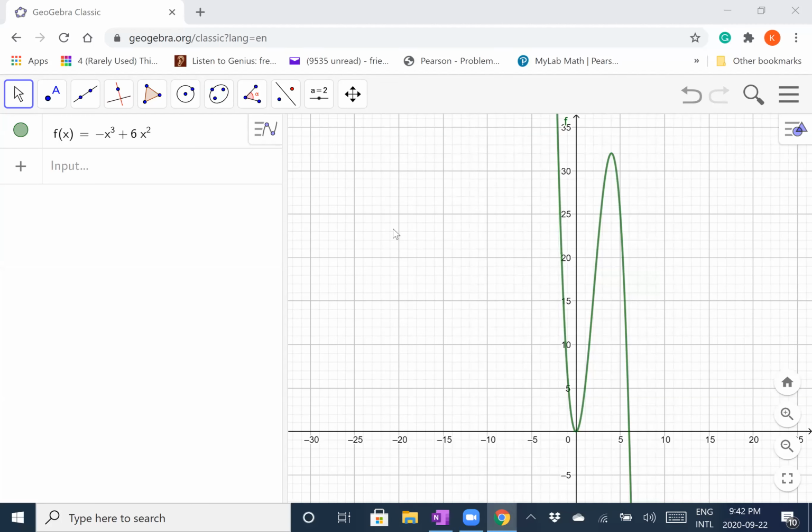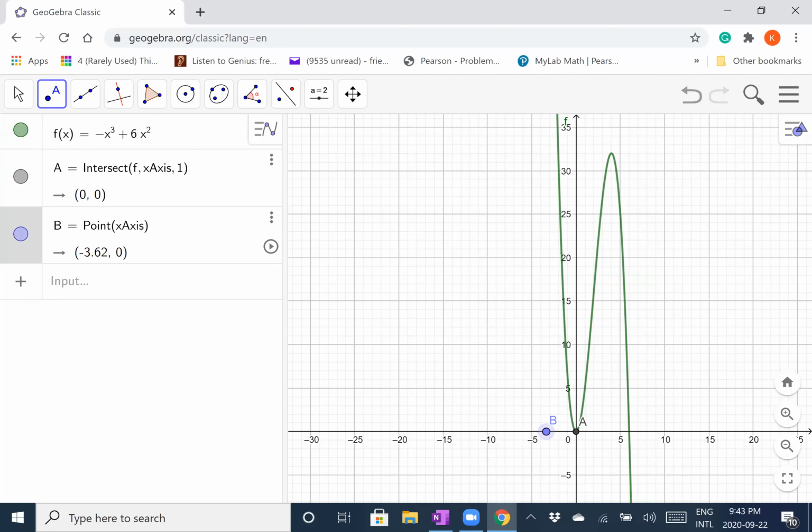And let's see whether that makes sense or not. We have f of x equals negative x cubed plus 6x squared, and I have the graph of that function. As you can see, if I draw the tangent line right at 0, 0, that tangent line will be horizontal here.